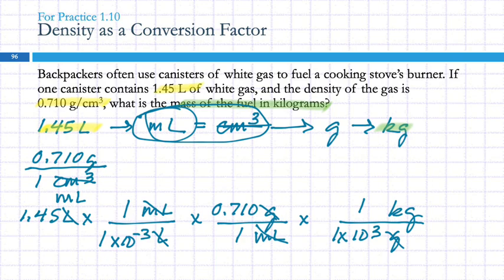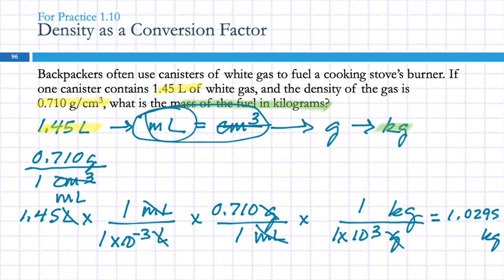So then I've got 1.45 times 1 divided by 1 e negative 3 times 0.710 divided by 1 times 1 divided by 1 e3 equals 1.0295 kilograms. How many sig figs?